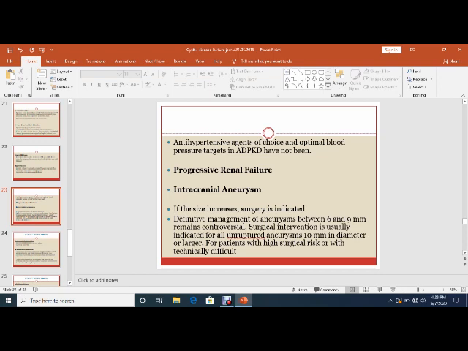If it is between 6 and 9 mm, it remains controversial, but surgical intervention is usually indicated for all unruptured aneurysms in which size is 10 mm in diameter, or for patients with high surgical risk with technical difficulty.